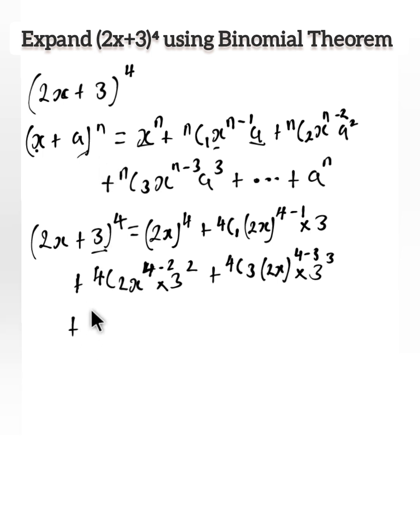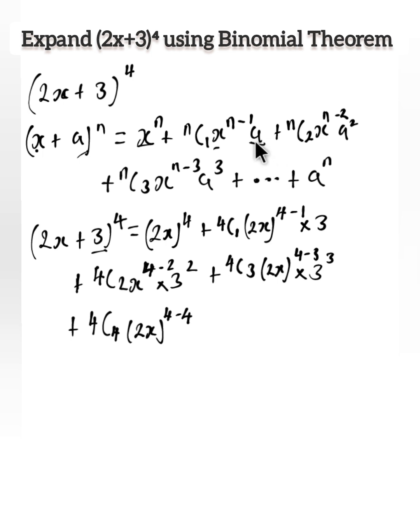n is 4, so it becomes 4 combination 4. Then this is x raised to the power n minus 1, x raised to the power n minus 2, x raised to the power n minus 3. So the next will be x raised to the power of n minus 4. And x is 2x here. So which is 2x raised to the power of n minus 4, which is 4 minus 4.